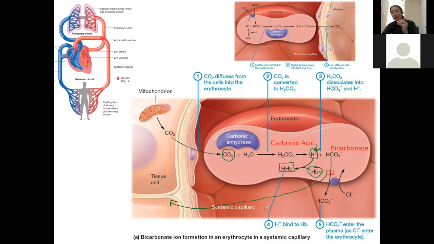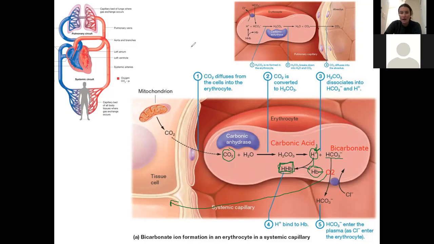Okay, so this is physically how carbon dioxide and acid can promote the unloading of oxygen from hemoglobin. CO2 comes in, leading to the production of bicarbonate and hydrogen ions. Hydrogen binds to hemoglobin, therefore kicking oxygen off, and now these hydrogen ions are transported to the lungs where they can be dealt with accordingly.